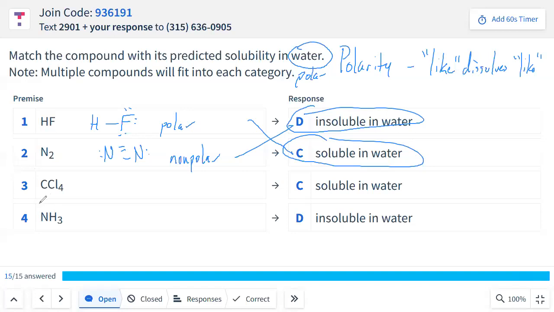For the carbon tetrachloride, well, we're going away from single atom structures.